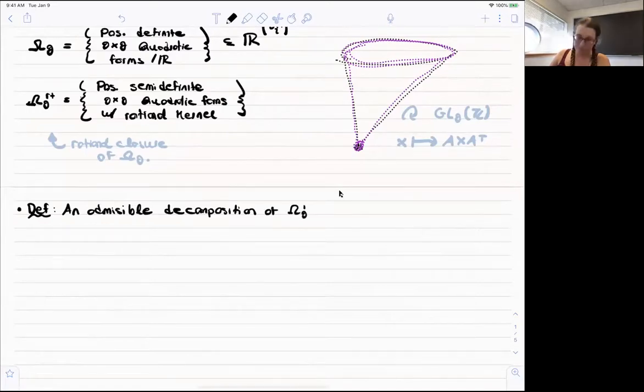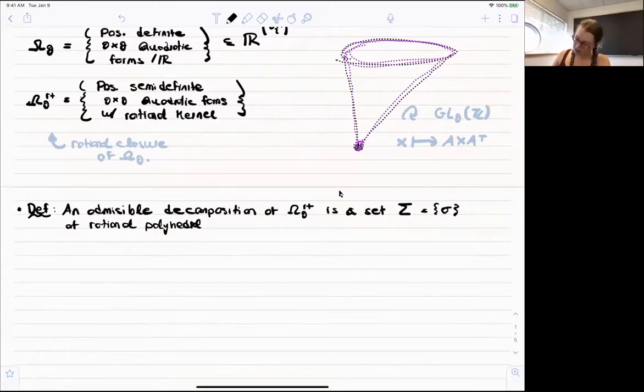An admissible decomposition of omega_g^rt is a set capital Sigma consisting of little sigmas, rational polyhedral cones, so my cones are always going to be little sigmas satisfying some conditions. Those conditions are, well, first, Sigma has to cover omega_g^rt. So if I take the union of all the cones in this collection, I get omega_g^rt.